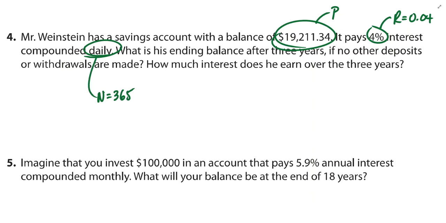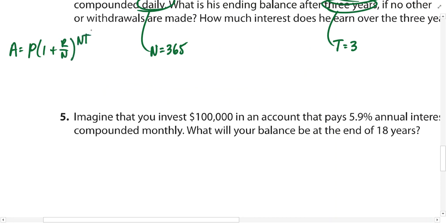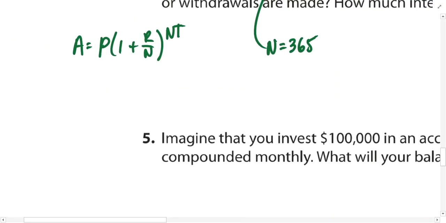We would like to know what the ending balance or the ending amount is after 3 years' time. So we're going to let a time of 3 years pass. So no other deposits or withdrawals are made. He's not going to touch this account whatsoever. So the formula, A equals P times 1 plus R over N to the NT power would be perfect to use here.